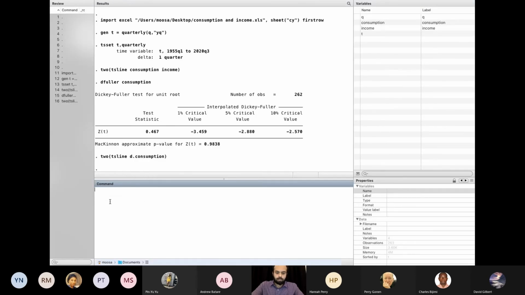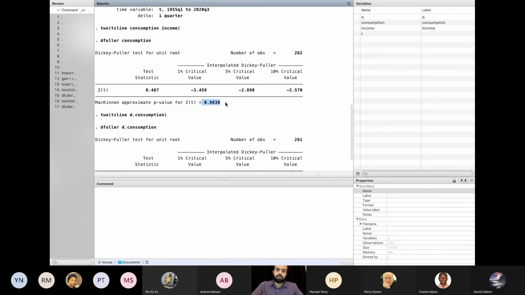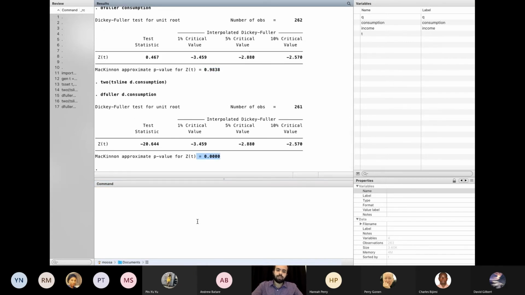So to be sure that this is a stationary series, we can conduct the same Dickey-Fuller test again, but for the difference of consumption, and we reject the null hypothesis this time. Consumption is a non-stationary series, but when we take the first difference, the series becomes stationary or white noise.